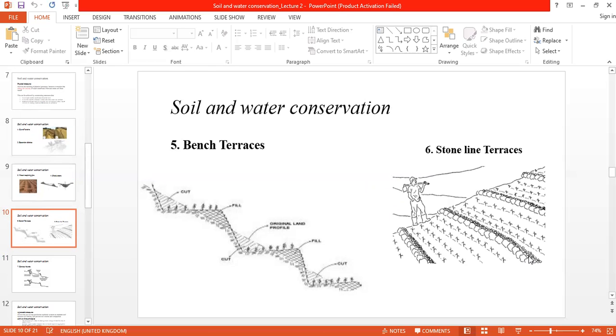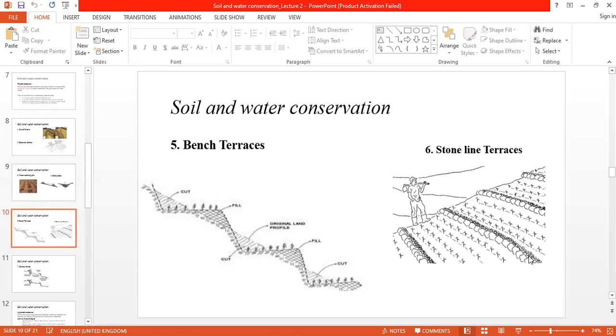When we talk of physical structures, they are mostly in the P factor: the terraces, the stones. When you do these practices, the P factor is reducing. We know that the maximum value of the P factor is 1, which means you are not applying any of these practices. Then as you apply these practices, it reduces.